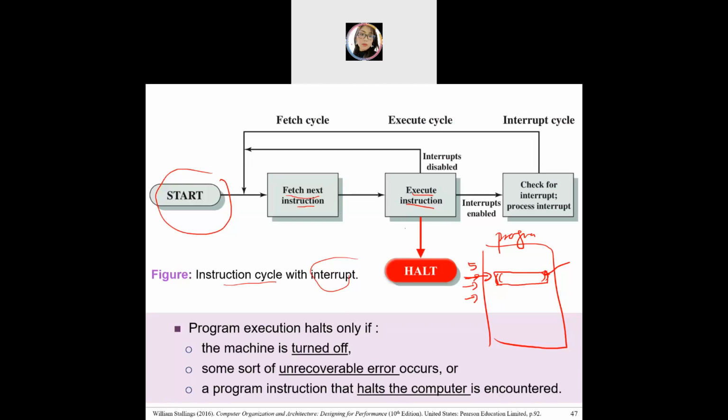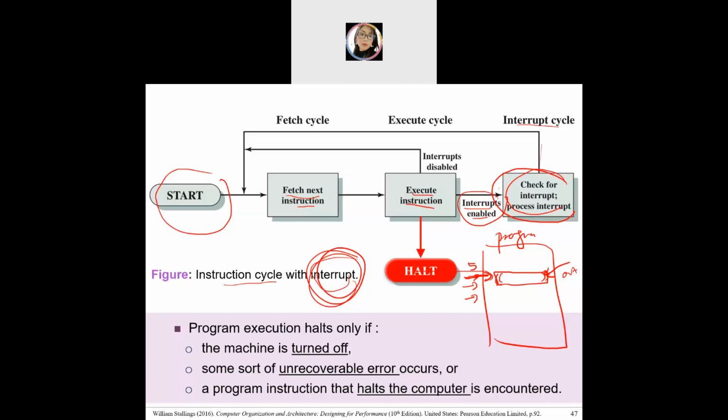So maybe you can see you're going to have interrupt enable, of course. Then you're going to check whether you have an interrupt or not. Might be you can directly get the output. But if your interrupt is enabled, you're going to check first whether you have an interrupt or not. So this is the interrupt cycle.